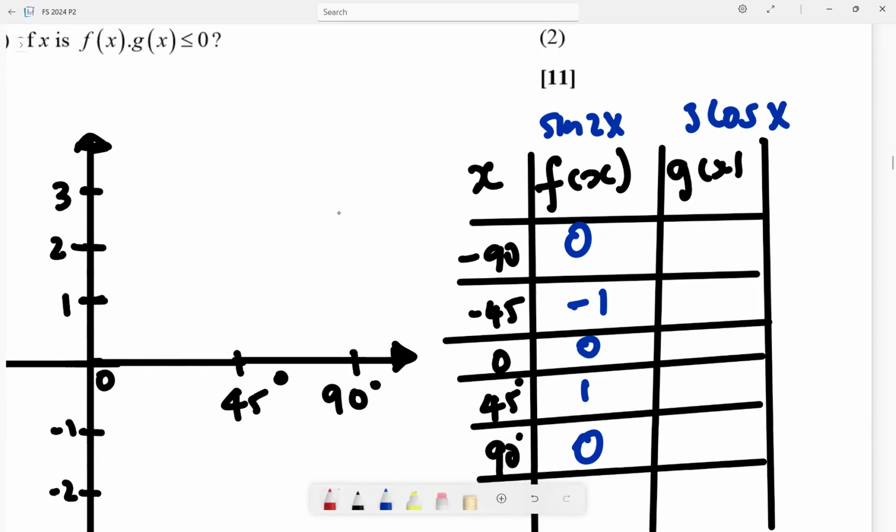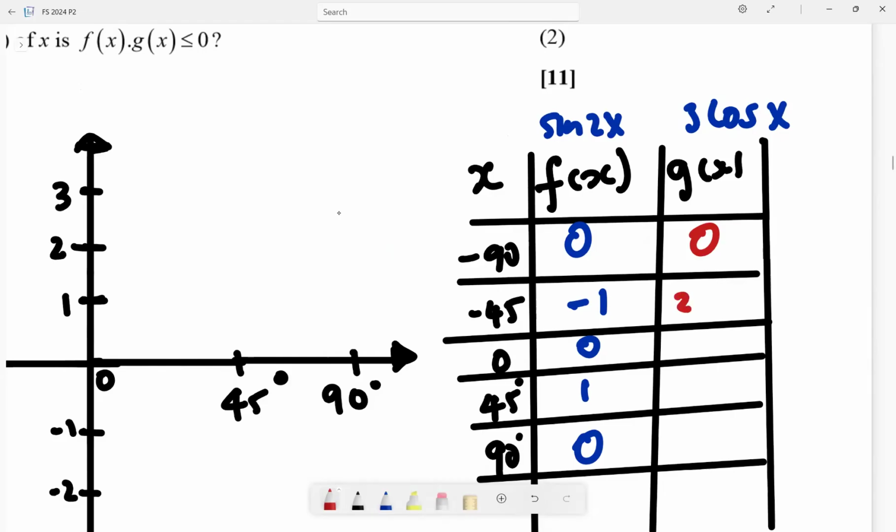Good. I come here and substitute on the cos graph, 3 cos x. I put negative 90, I get 0. Negative 45, I get 3 square root of 2 divided by 2.